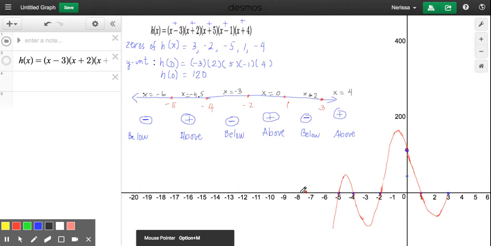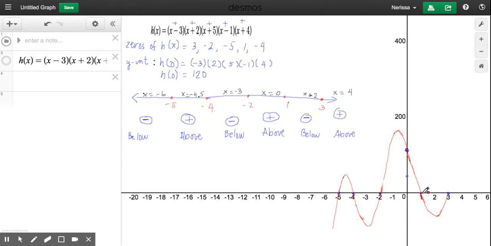And so we can continue sketching our graph. On the right side of 3, the graph should be above the x-axis. So again, it's going to cross the x-axis and go to the positive territory. Now, since there are no more x-intercepts right here, the graph will continue to rise. So it will just keep going up here.